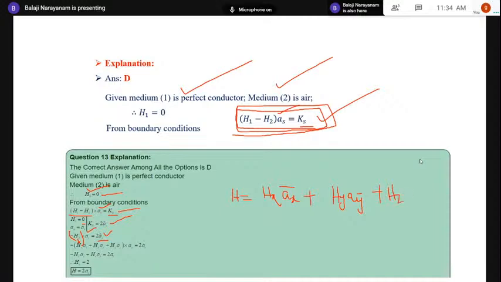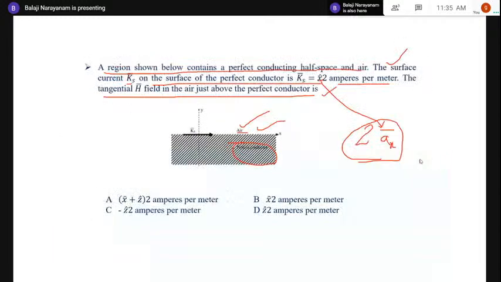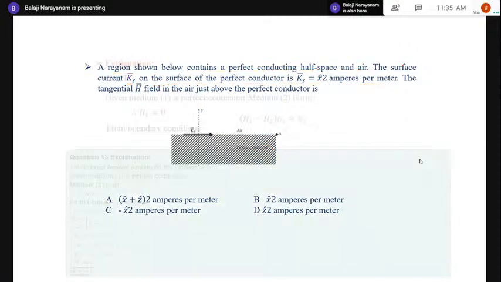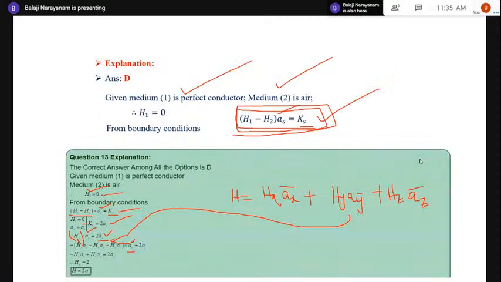This is what we substituted in place of H2. That is cross producted with Ay bar. Why Ay bar? Observe here, the normal to this surface, or perpendicular to it, is in the Ay bar direction. Hence in the cross product Ay bar is taken.